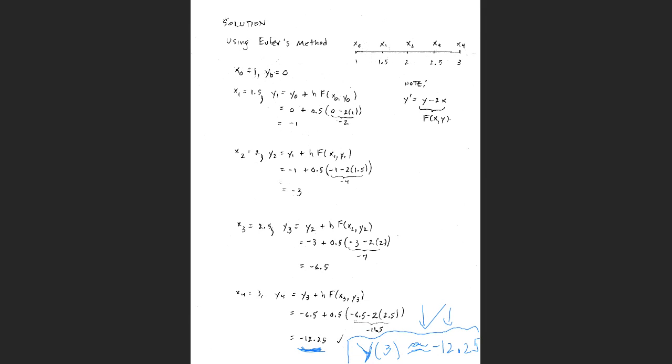Naturally, if the step size is very small, if we had a step size of 1/2, but what if we had a step size of 0.25? If the step size were 1/4, how many iterations would we need to approximate y of 3? 8.